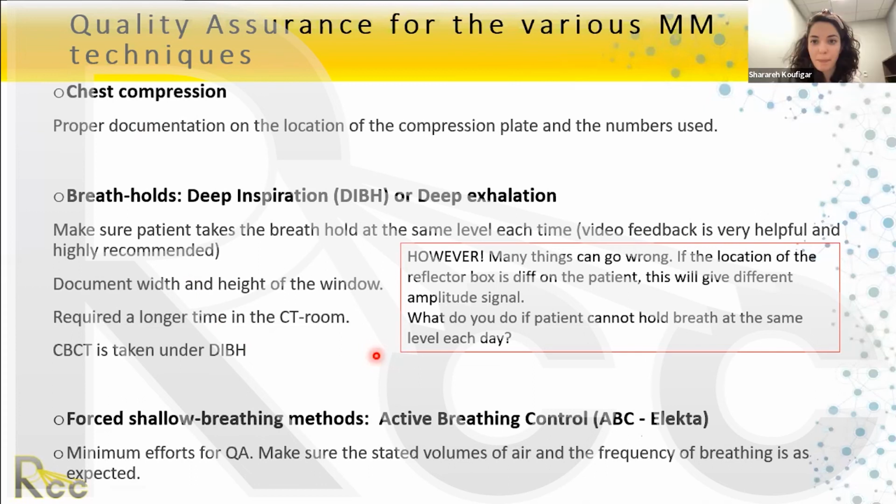on the lung. So the chest compression is compressing the abdomen below the diaphragm. This is our practice, at least. Other people might choose differently. So we put it right below the diaphragm, so it's restricting the motion of the diaphragm. And then we put the reflector box on the lung, on the chest. Clearly, I cannot put it on the compression device because it's not going to move.